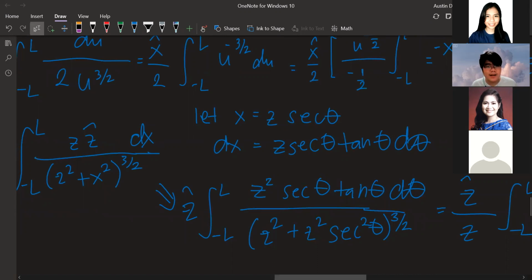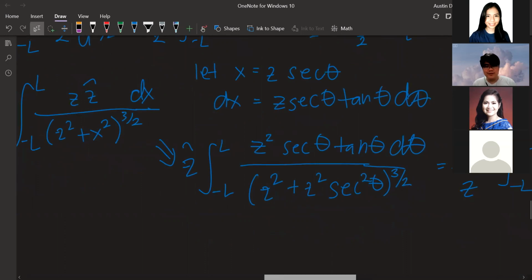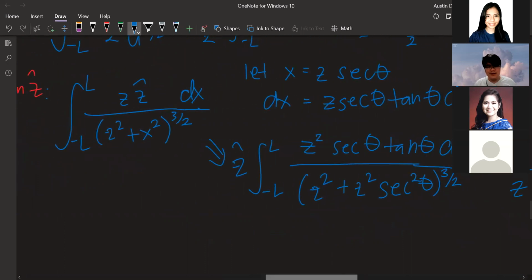Okay, let's check derivative of tangent theta. Okay. So ayan, titingnan natin kung if we're gonna do yung kabila, which is let x be tangent theta.